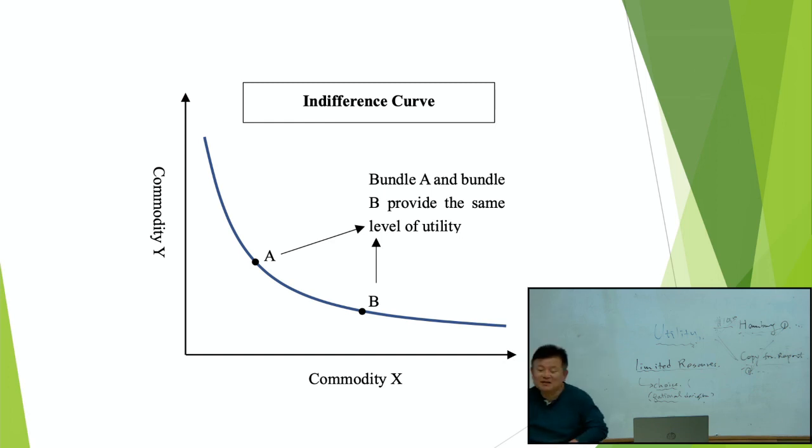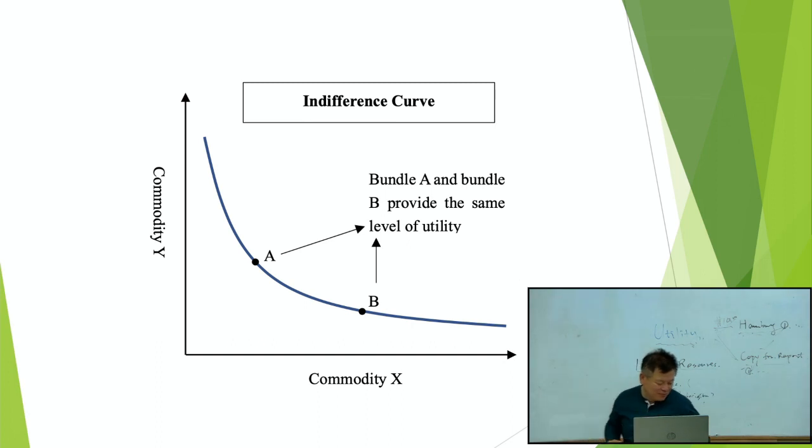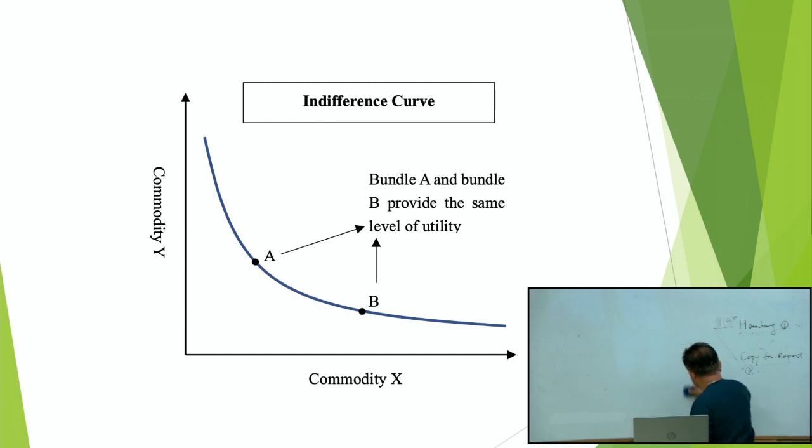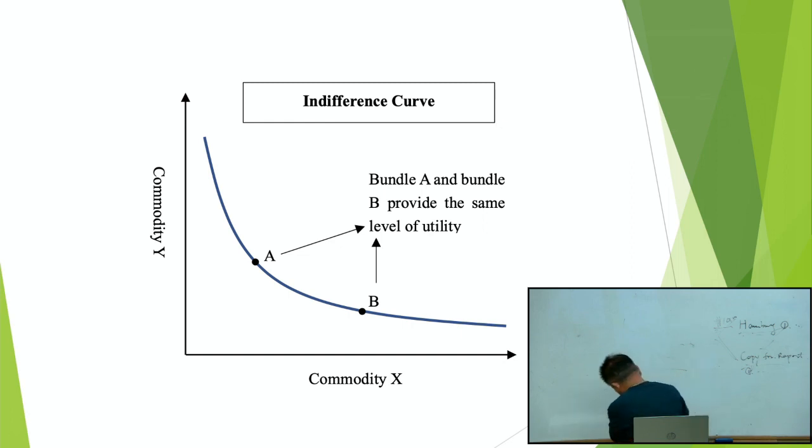It means the same satisfaction. So point A and point B are equally satisfying for me if I buy them together. Okay? For example, the curve, something like that.